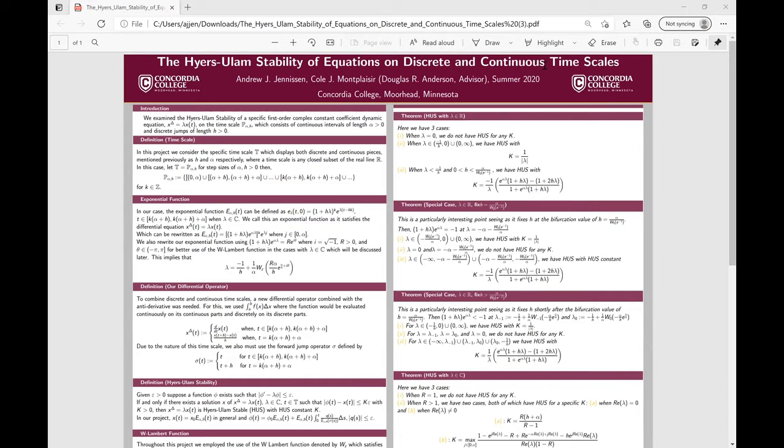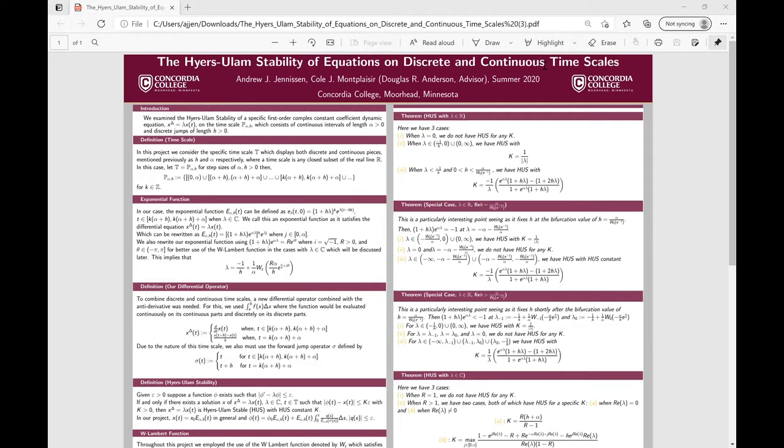And then that brings us to Hyers-Ulam stability, which formally says that you are given an epsilon greater than 0 and suppose a function phi exists such that |phi prime minus lambda phi| is less than epsilon. Which is basically saying that you take your differentiated equation minus its answer and that they should be within a small margin of error of each other.